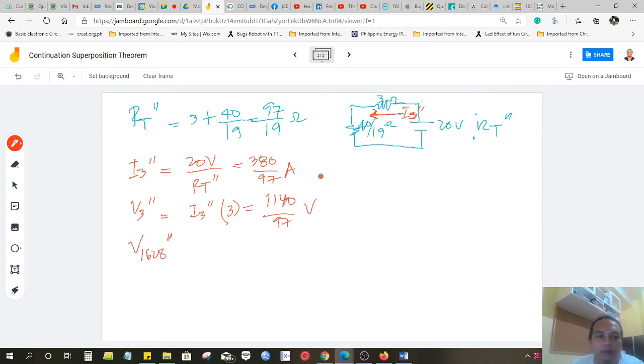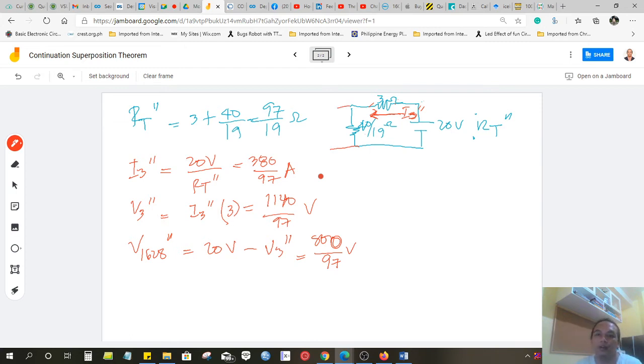V1628 double prime is equal to 20 volts minus sa kaning nga voltage drop dire V3 double prime, that is 20 minus answer, that is 800 over 97 volts. Okay, so mao na po niya ang tungaan sa tanan dire kini nga kuan, no? Ngani, so 800 over 97 volts.